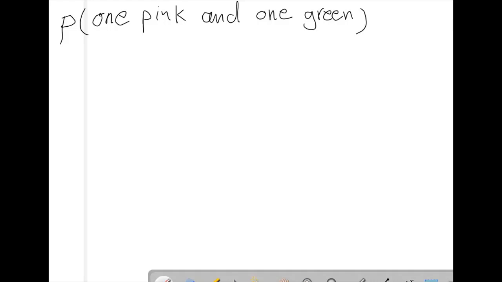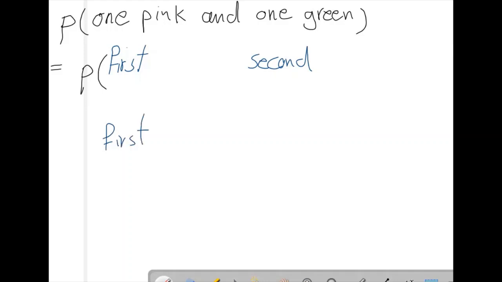So the probability of one pink and one green is the probability of first, second, first, second.